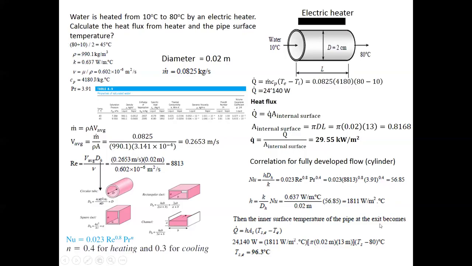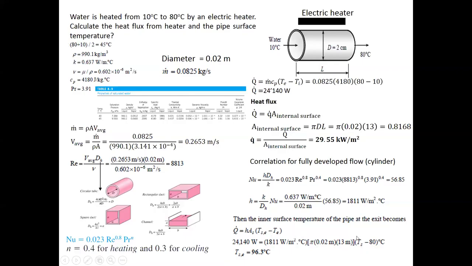Then the inner surface temperature can be calculated by using this equation. So we use big Q because you have A over here. You can also use this equation, but you don't have to use A because this is a heat flux. This is a heat. Alright, so plug in all the related information. You have your h calculated from the Nusselt number, you have the big Q, and then the surface area pi dL, and then T surface minus T exit.